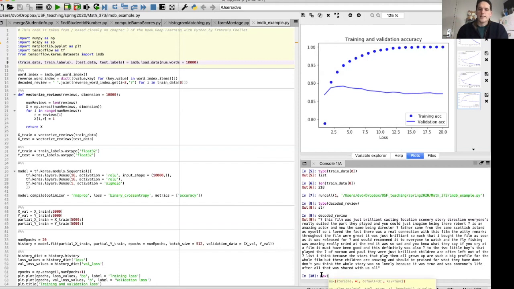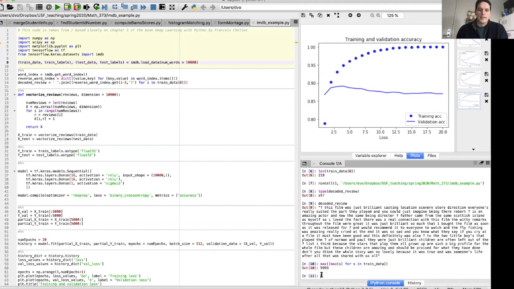If I do max of s for s in train data, then the maximum value is 9,999. So that reflects the fact that we have kept only 10,000 words.